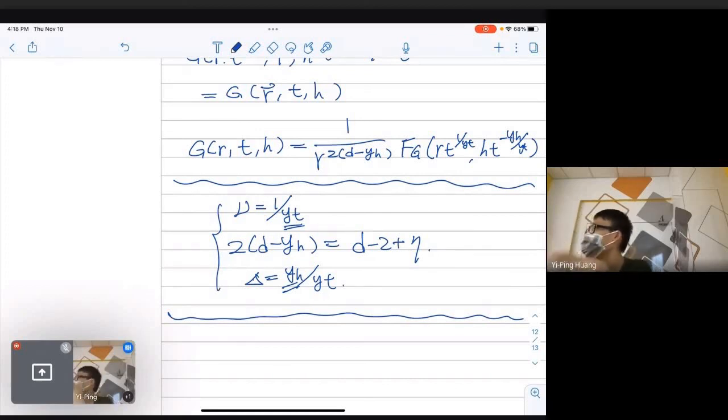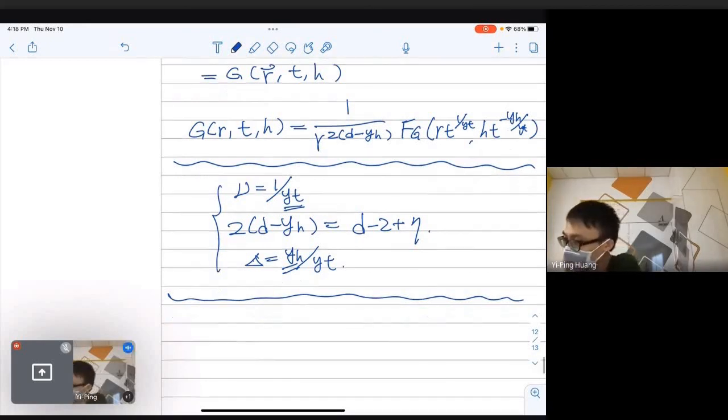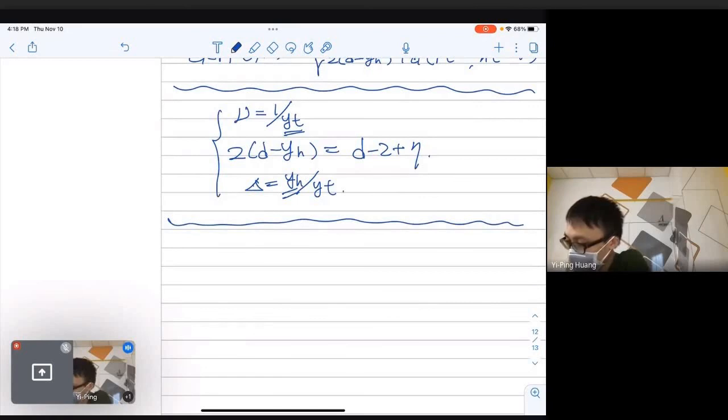We are just saying that the original scaling problem is equivalent to finding out the values of yt and yh using Kadanoff's idea. Okay? So those are the two assumptions. But here I will give you a reminder that assumption one is actually quite dangerous.